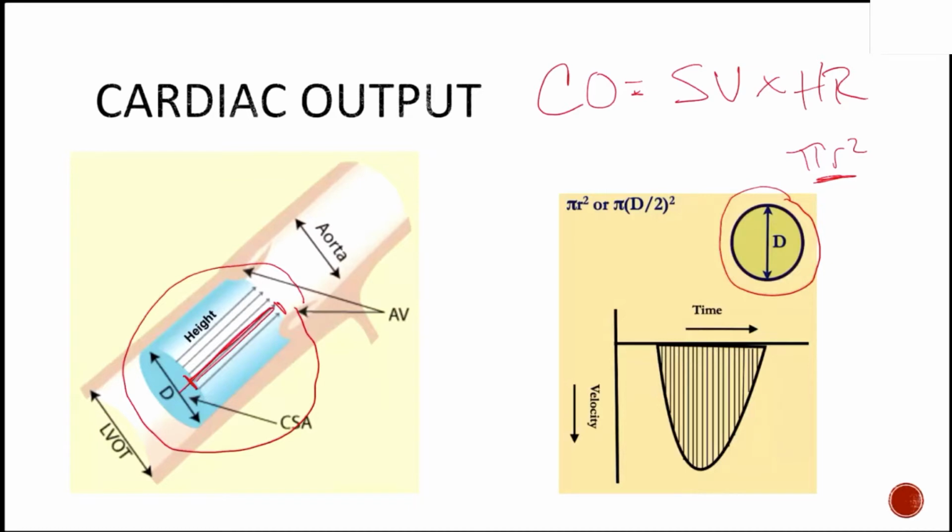Therefore, to calculate our stroke volume, we're going to do pi r squared times our height, which is our VTI. If you just keep it really simple, the VTI is the distance traveled in one beat. Does that all make sense?